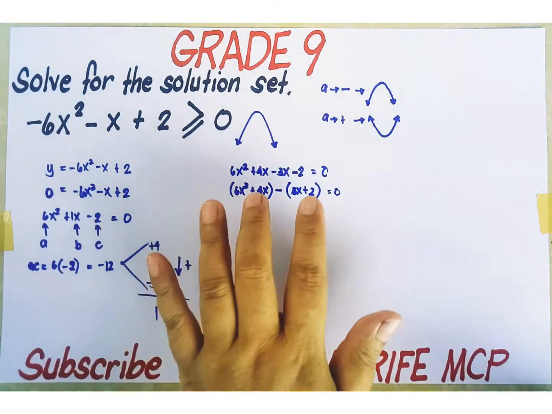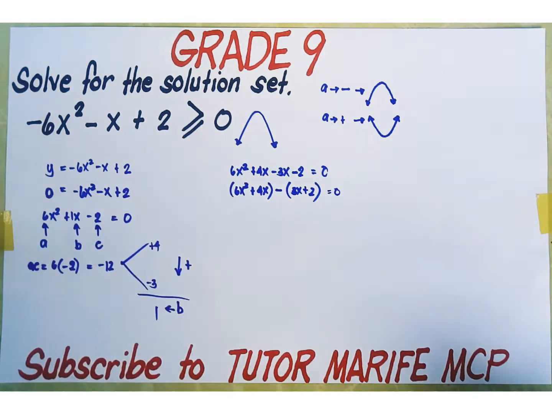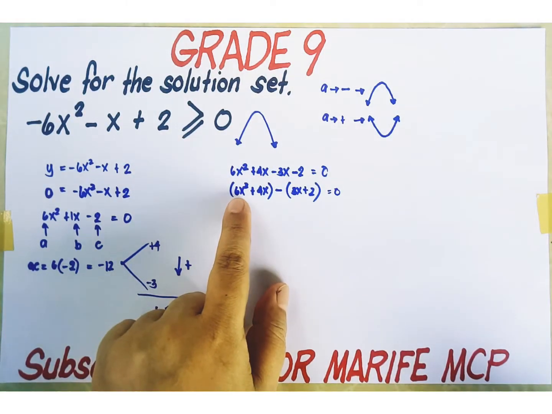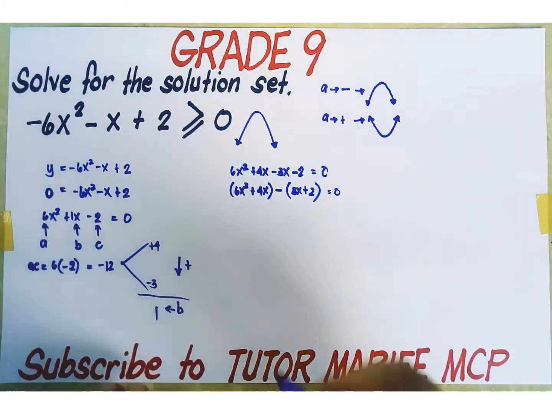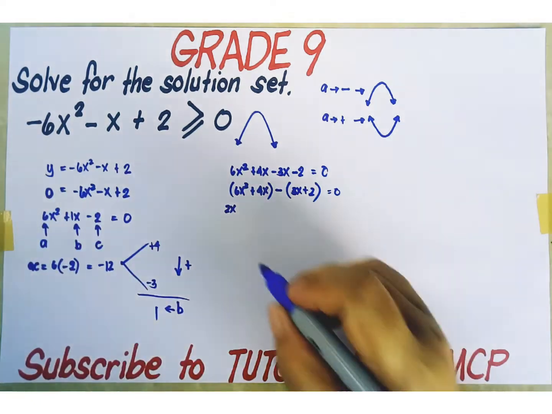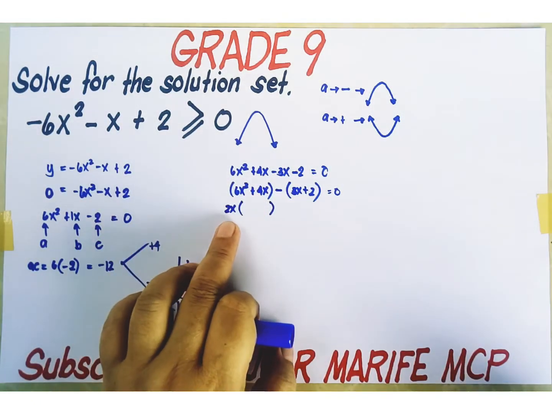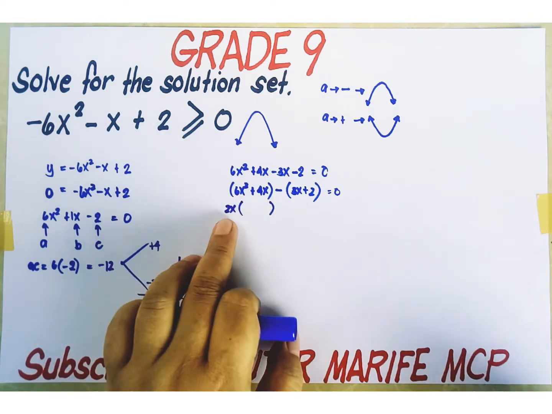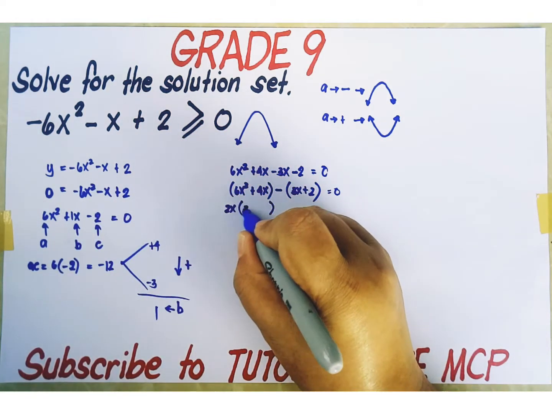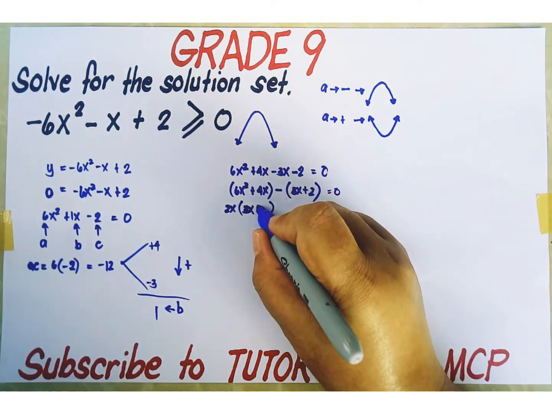Next, we factorize each group. So the first group is 6x squared plus 4x. Factorize it using the GCF method. The GCF of 6x squared and 4x is 2x. Let's factor it out. Then we divide each term of the first group by their GCF. 6x squared divided by 2x is 3x. 4x divided by 2x is 2.